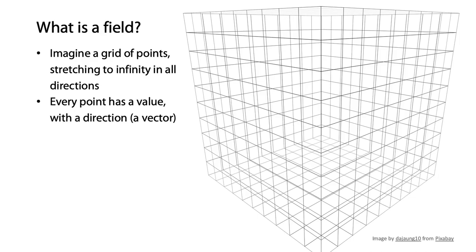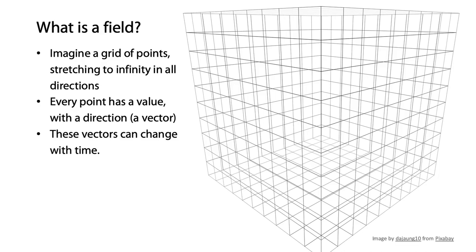Each of these points represents a value. It has a number associated with it. In fact, for the electric and magnetic fields, it has a number and a direction, which makes it a vector. So there's this grid of points, each of which can have a vector associated with it.